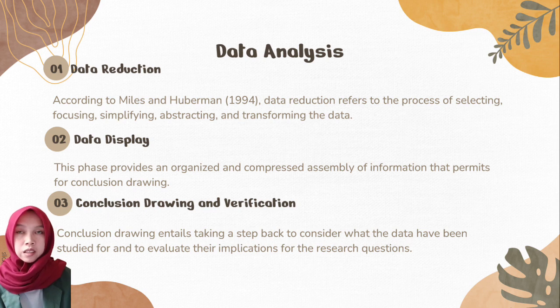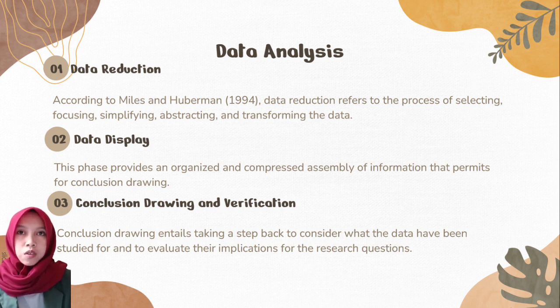And for the data analysis, the first one is data reduction. According to Miles and Huberman 1994, data reduction refers to the process of selecting, focusing, simplifying, abstracting, and transforming the data. And then data display.